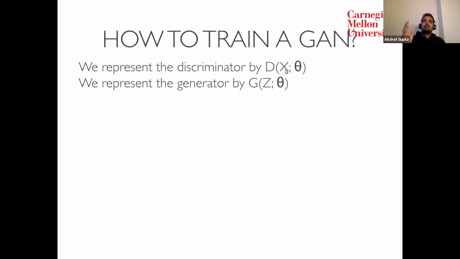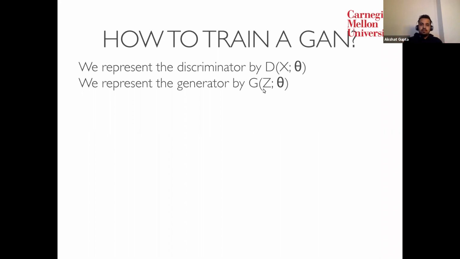If the images that our data set contains are, say, MNIST images, then x belongs to a 28 by 28, or 784 dimensional, vector space. Then we represent the generator by G(z; θ). z is a latent vector from a chosen vector space, usually sampled from a unit Gaussian distribution, zero mean, unit variance.